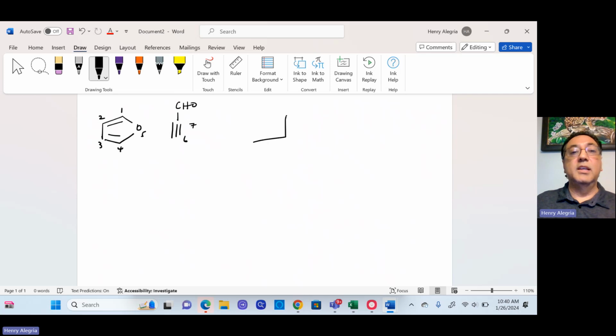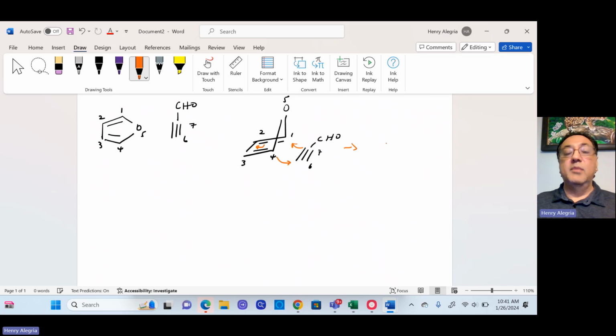Redraw my starting diene here. 1, 2, 3, 4, and 5. Double bonds between 1 and 2, 3 and 4. That's now reacting with this, and I have this, so this would be 6 and this would be 7. So the reaction will be 4 to 6, 7 to 1, and the pi electrons move over. So what I'm going to get is a bicyclic product like that.